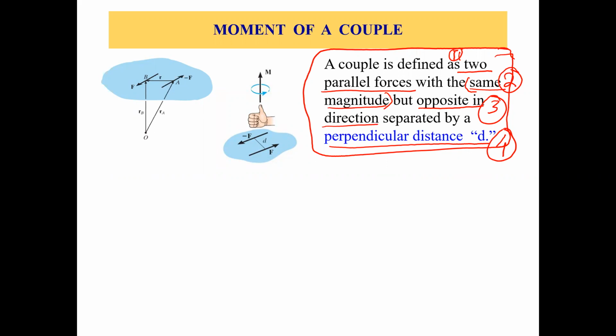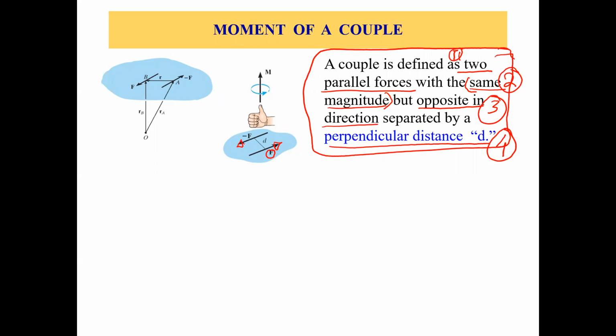If you see here, this is force F in this direction. This is negative F because this is opposite to F. So they are equal and opposite, and they are parallel, as you can see.